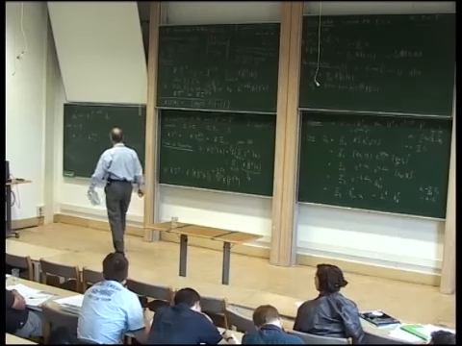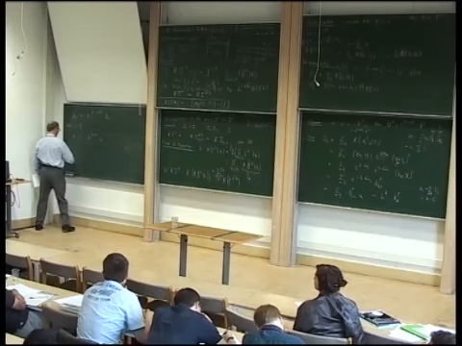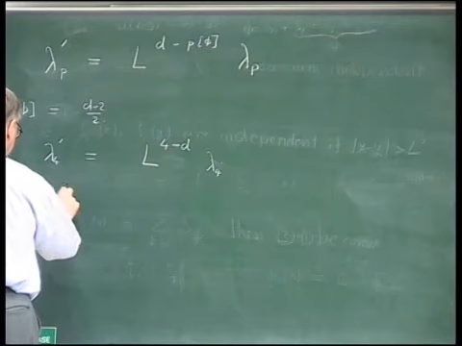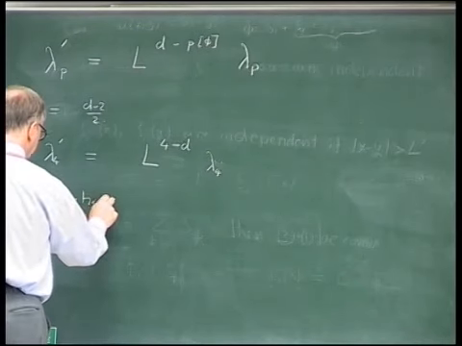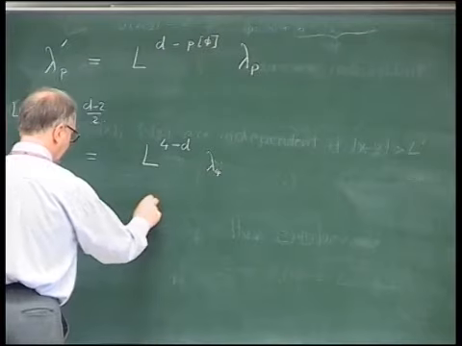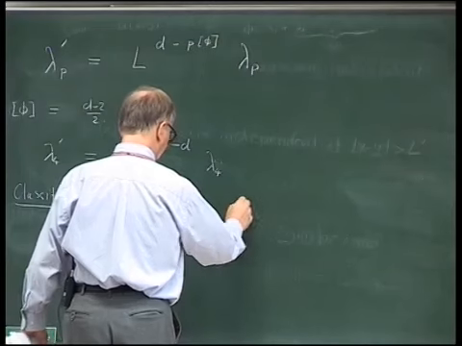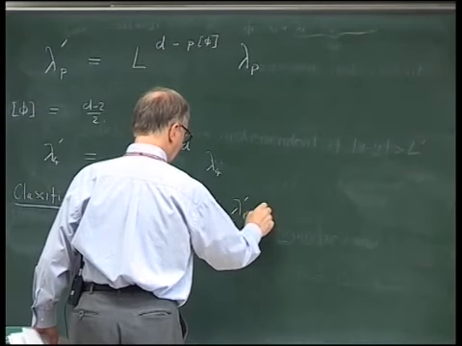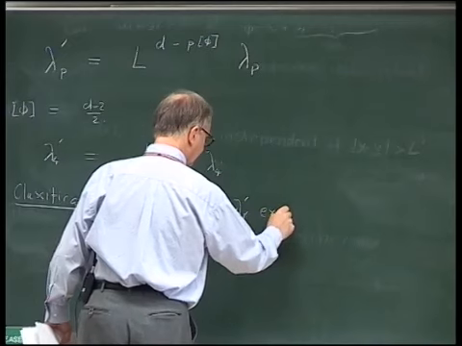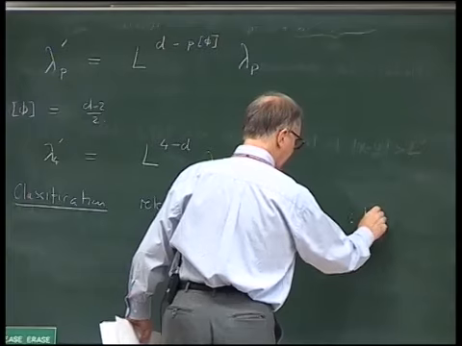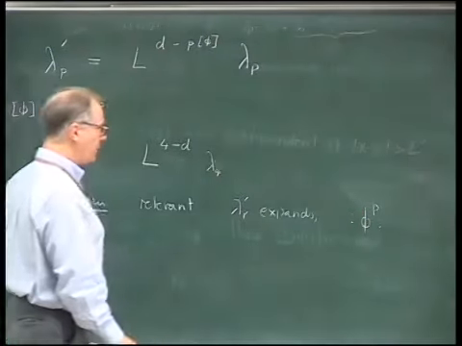When d is exactly 4, this thing is said to be marginal. So there is this classification. Relevant. This is for the mathematicians. That means that lambda p prime expands. And the object that's said to be relevant is the Wick power phi to the p.